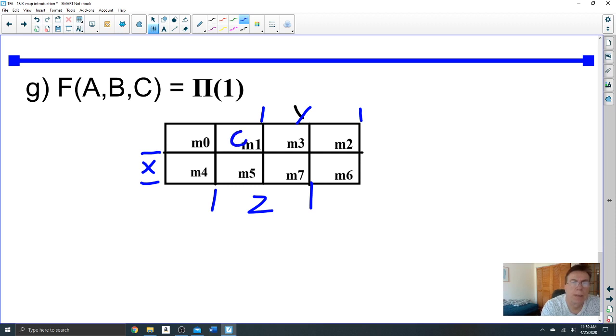Product means this part of the map is 0, right? So the rest of it is 1s. We have a very well populated map, so we definitely don't have an octet. An octet is 8. We don't have 8 ones.